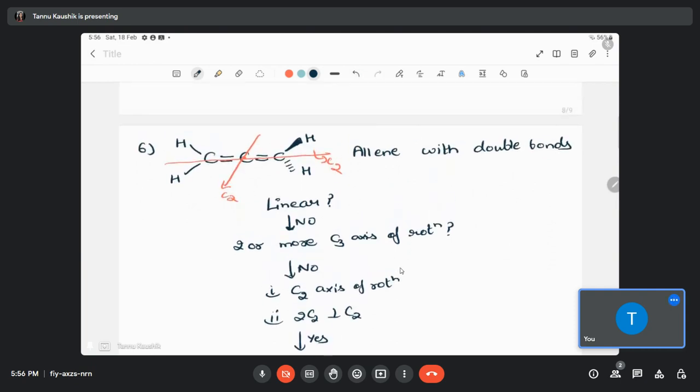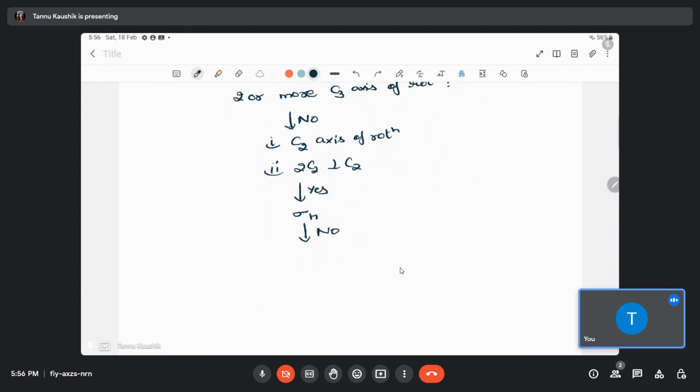Because if you see, this is the principal axis of rotation, and if you draw this plane perpendicular to it like this, then you have two protons which are in the plane of the board and two protons out of the plane. So you're not getting an equivalent configuration. So we don't have a horizontal plane here. So we will check dihedral planes. We can represent this molecule like this also.